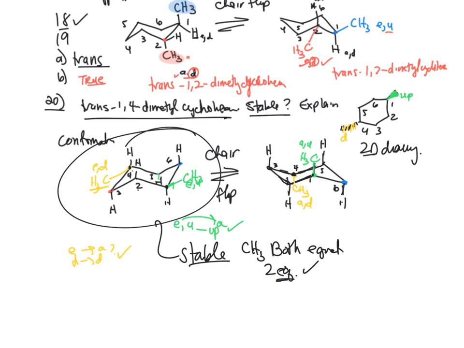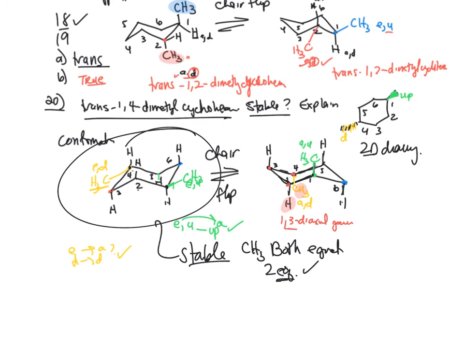Okay, the problem with the other one is you would have a 1,3-diaxial gauche interaction. And the 1,3 is carbon 1, carbon 2, carbon 3.